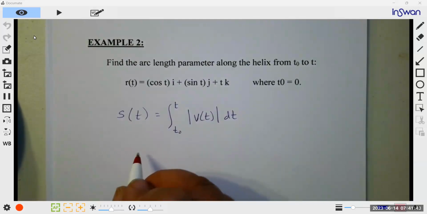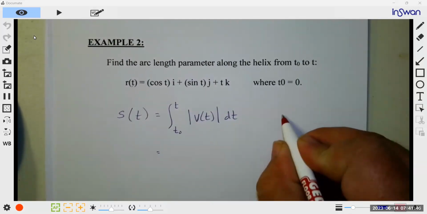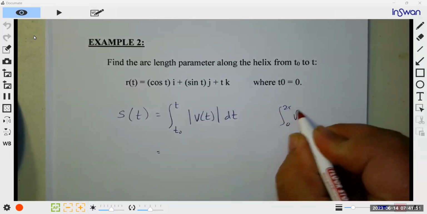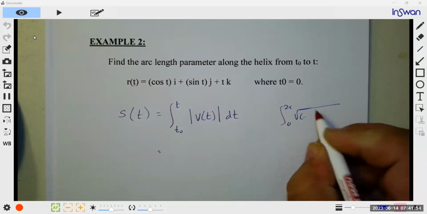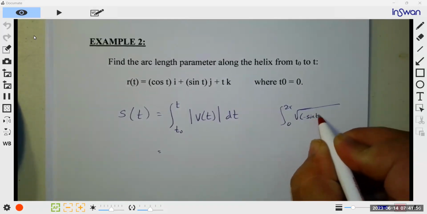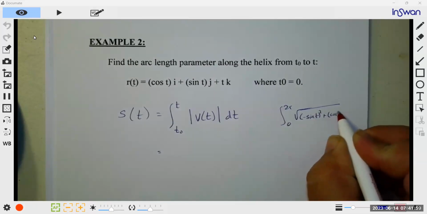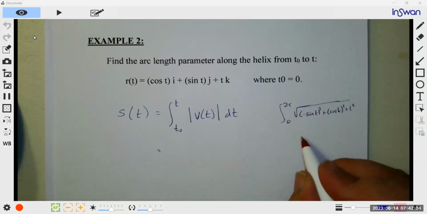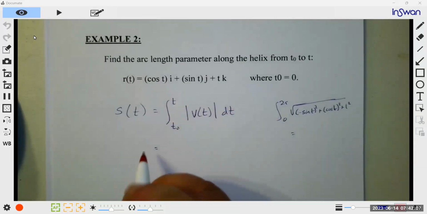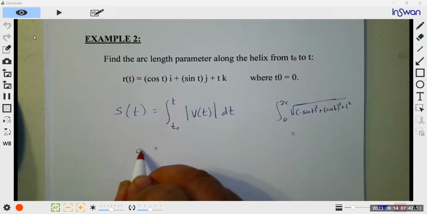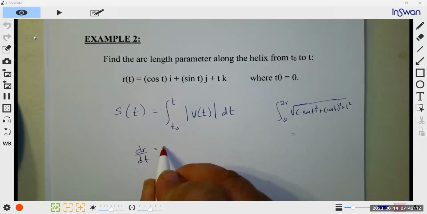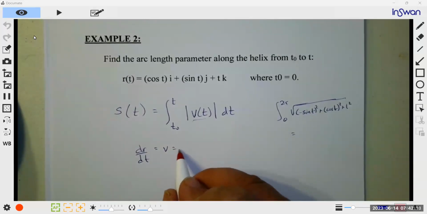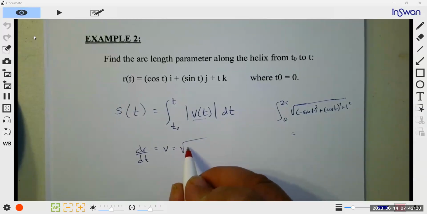And we found out earlier, remember when we took negative sine t squared, cosine t squared plus 1 squared, which is exactly what this can give us. We find the derivative, and we got square root of 2.